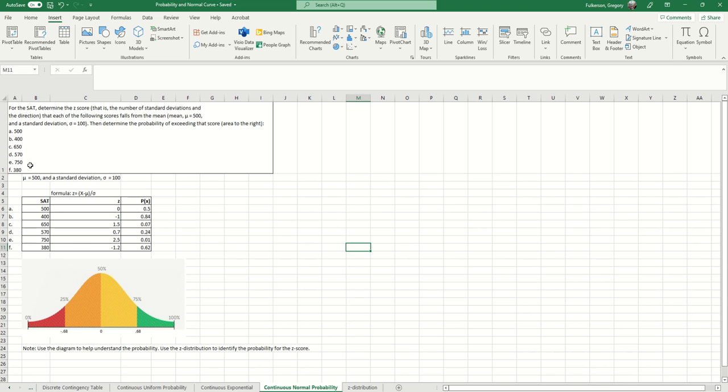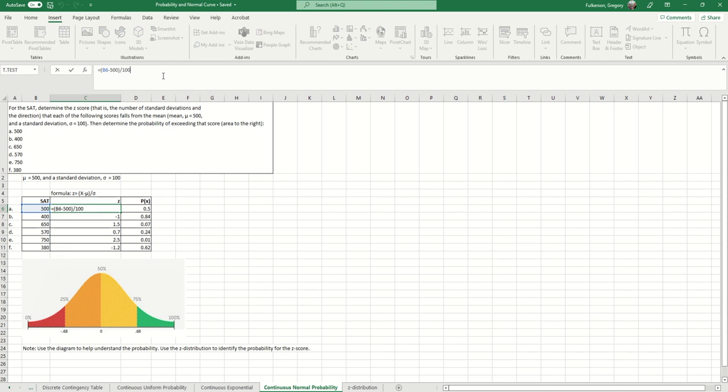So 500 is the mean, right? So what we do is we make a table here. There's our formula for calculating the z-score, and that is going to be z equals x, which is the SATs that are scored for individual students, minus the population mean, which we got from the problem, divided by population standard deviation.